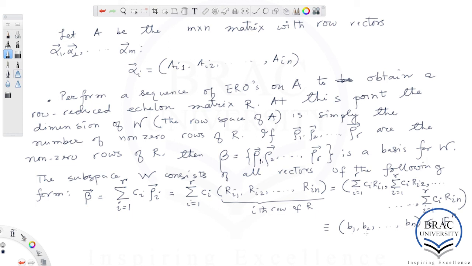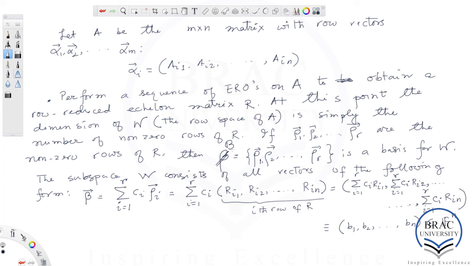So b1, b2, all the way up to bn, this is the coordinate of the vector beta relative to the basis beta. So I should have written it as calligraphic B. This is the basis that we are dealing with.